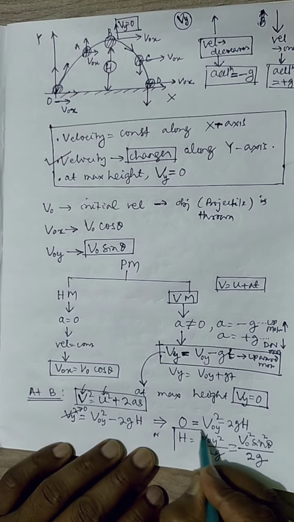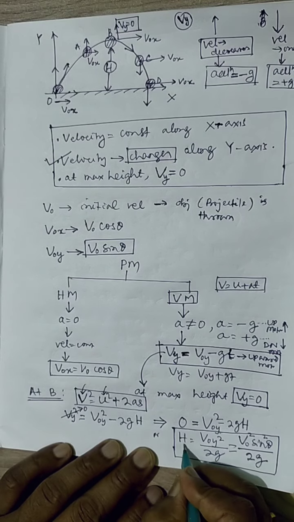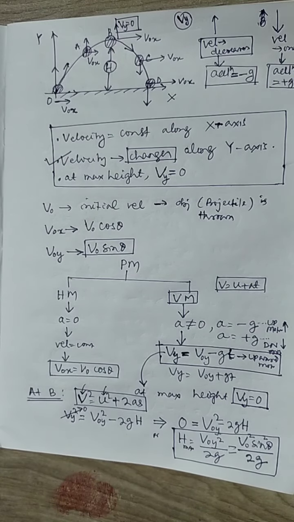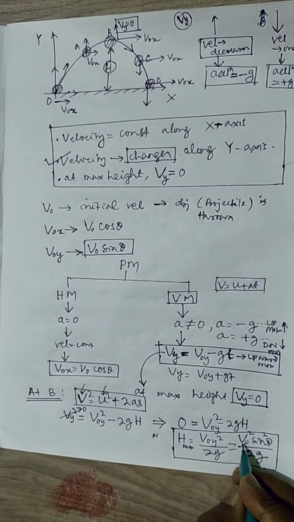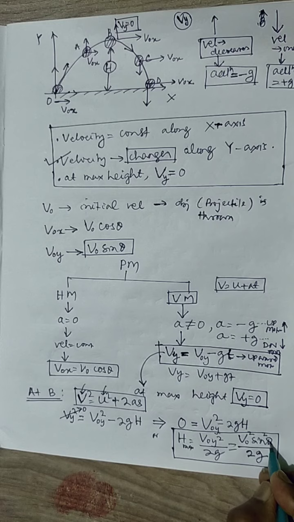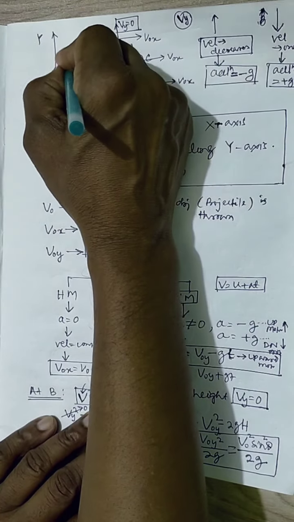This is the maximum height it has attained if it is thrown at a velocity v0 and at an angle theta with the x-axis.